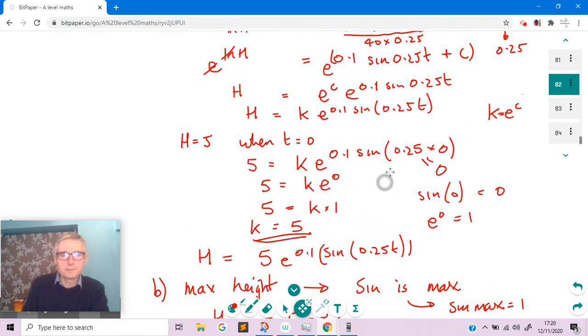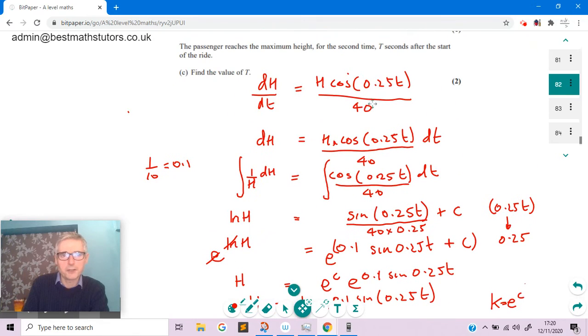Okay, so then the final part was, it says the passenger reaches maximum height for the second time, T seconds after the start of the ride. So we've got to find the value of t when the height is at its maximum for the second time.